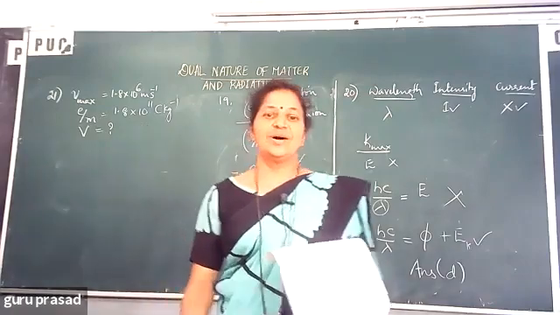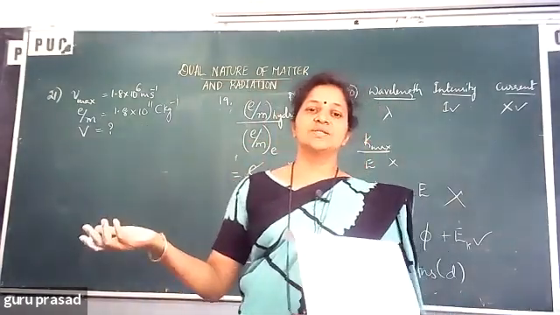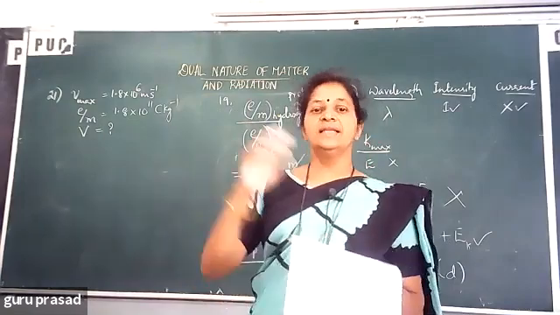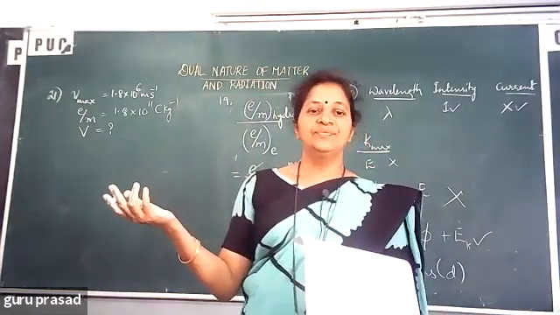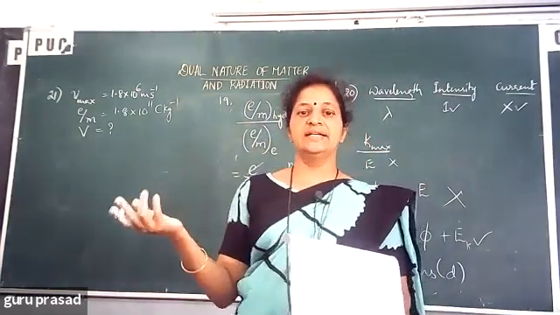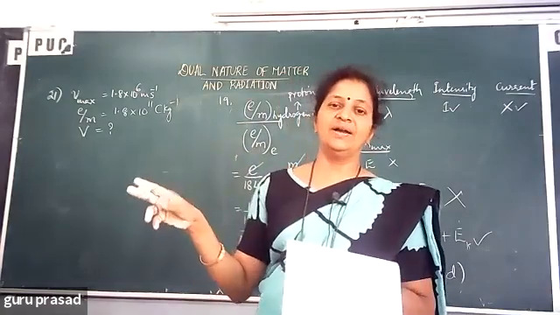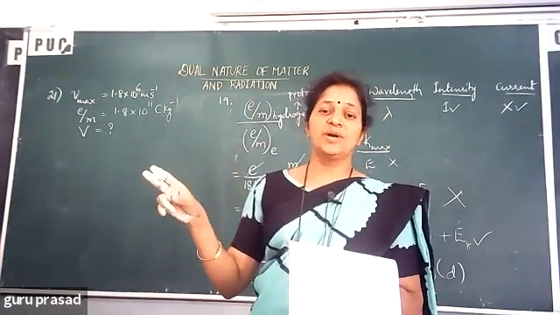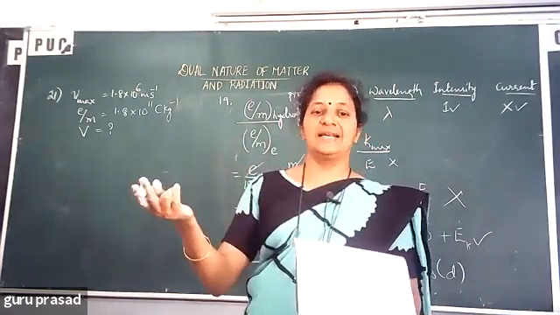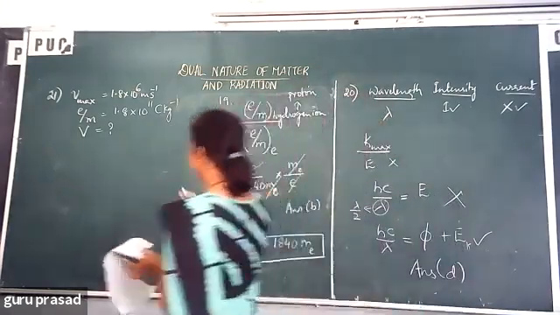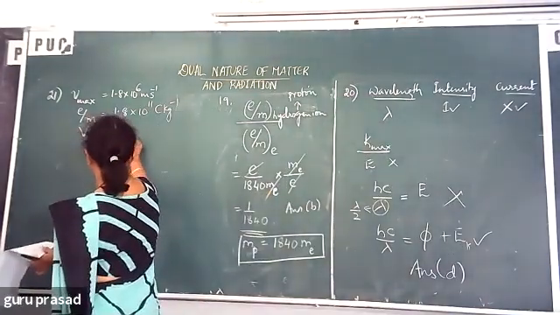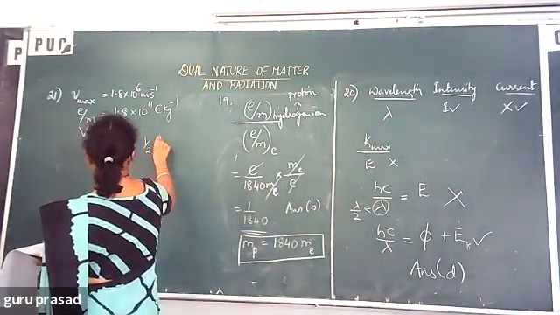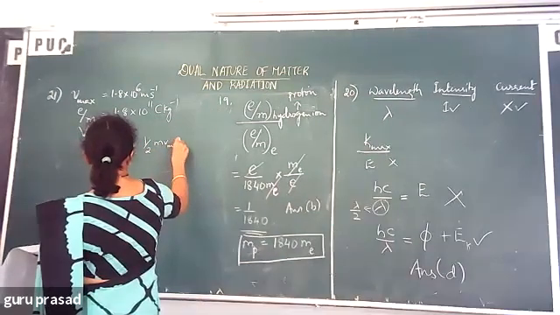You must recall that whenever there is a stopping potential, the electron will either get accelerated or decelerated depending upon what potential is applied. If a positive potential is applied, the electron will accelerate. So what is the equation? eV is equal to half m V max square.